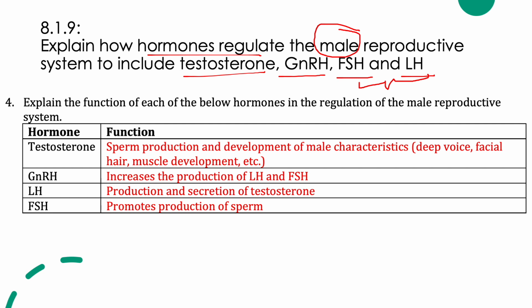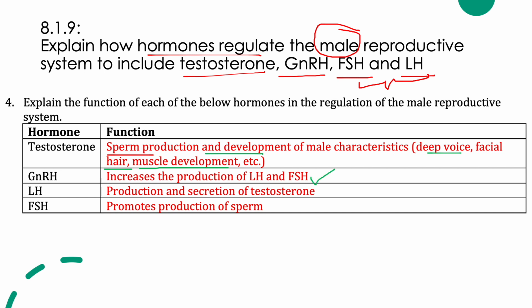So testosterone is for sperm production and development of the male characteristics. Actually, these characteristics are called the secondary sex characteristics, like the deepening of the voice, facial hair, pubic hair, and muscle development. GnRH, gonadotrophin releasing hormone, increases the production of FSH and LH.